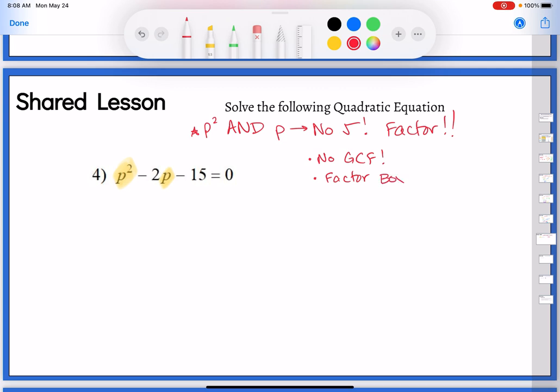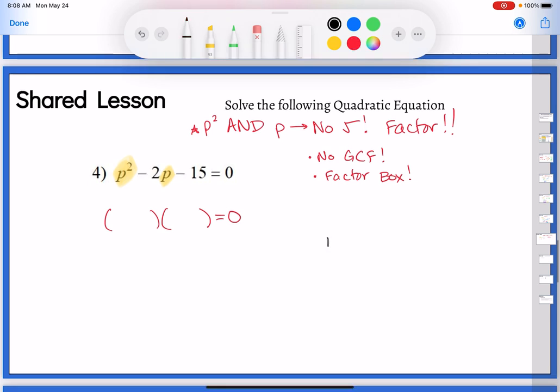Now, some of you might be able to jump straight into those 2 sets of parentheses right away because you can see which factors are going to multiply to give me negative 15 and add to give me negative 2. But for those of you that need a refresher on the factor box, this is what it looks like, right? We make our box. We make sure we have this little nook down in the corner.